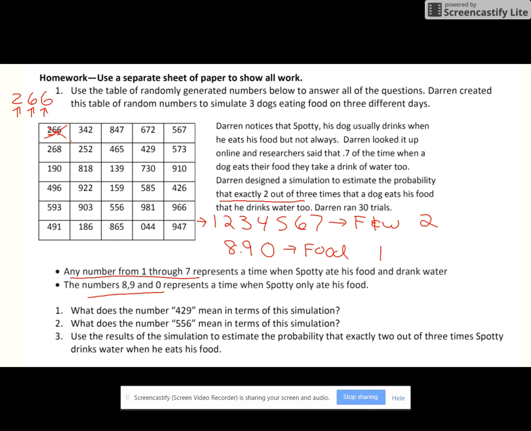Let's finish going through the first couple rows, and then we'll fill them in kind of quickly. And you can pause it and try on your own, too. The next one's 342. Well, that's 3, 4, and 2. Those are all, again, in the first one, so that's no good. That's not exactly 2 times that the dog ate food and water. Let's try the next one, 847. So we've got 8, which is in the second one.